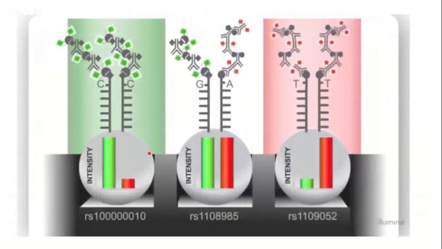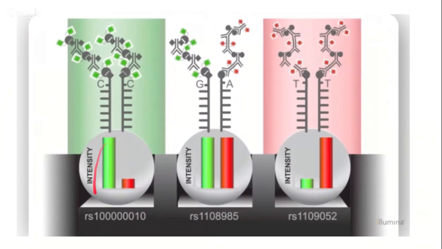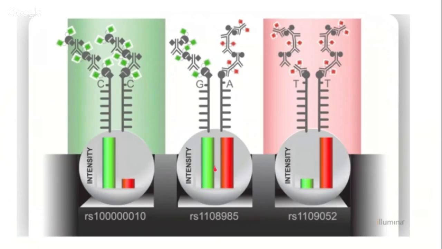And most of the usage of these microarrays is for genotyping, to find out the genotype at specific positions of the human genome, as it's shown here. So basically by two fluorophores, one green, one red, they can determine if at a given position you're a homozygote for green, a homozygote for red, or a heterozygote green-red.